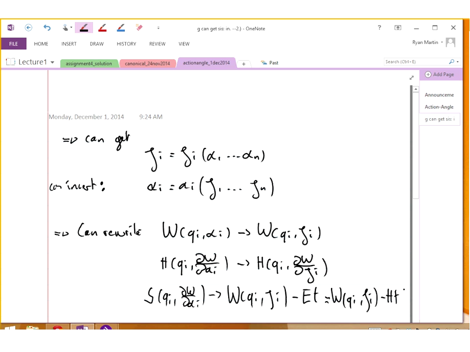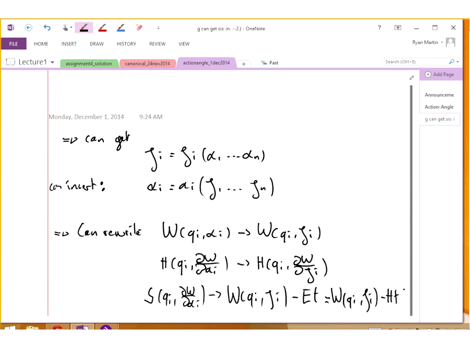So far, it's been very confusing, but all we've done is introduce these new variables, capital J_i, which we call the action variables, and they're defined as that integral of the p_i dq_i, and then presumably one can rewrite the Hamilton-Jacobi equation and all the equations of motion by using the J's.